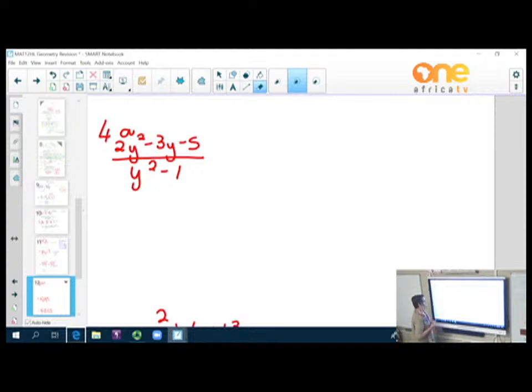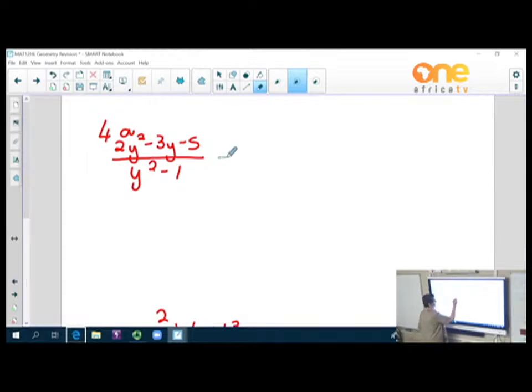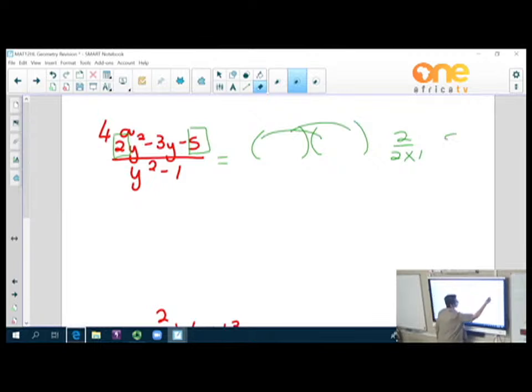Question 4. Now this time it's a trinomial because there's 3 terms and this one is the difference between squares. So now I'm going to factorize that trinomial. Now you will remember we said what times what gives me that first term. I need to write down the factors. What times what gives me the last term, and that was the factors of 5.